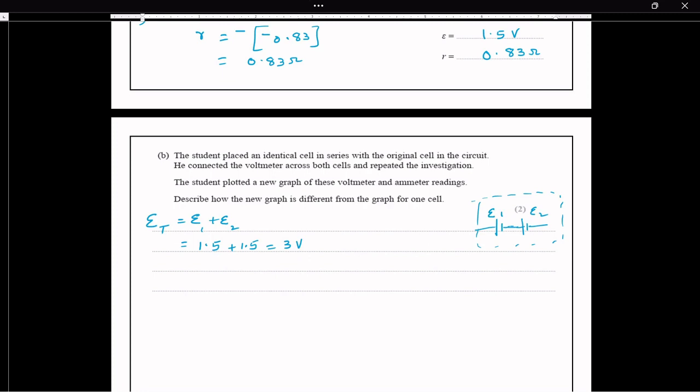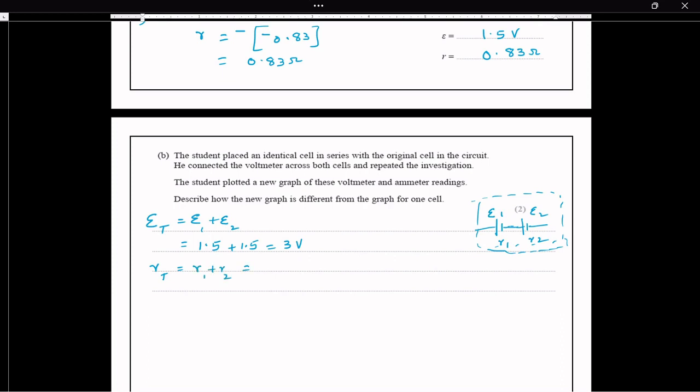And how does the internal resistance change? When you connect two identical cells in series, with internal resistances say R1 and R2, they just get added up, R1 plus R2.